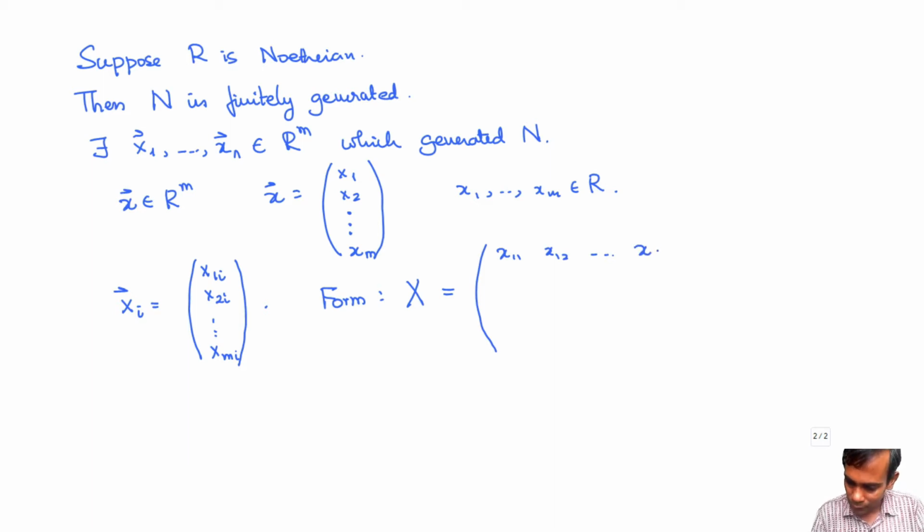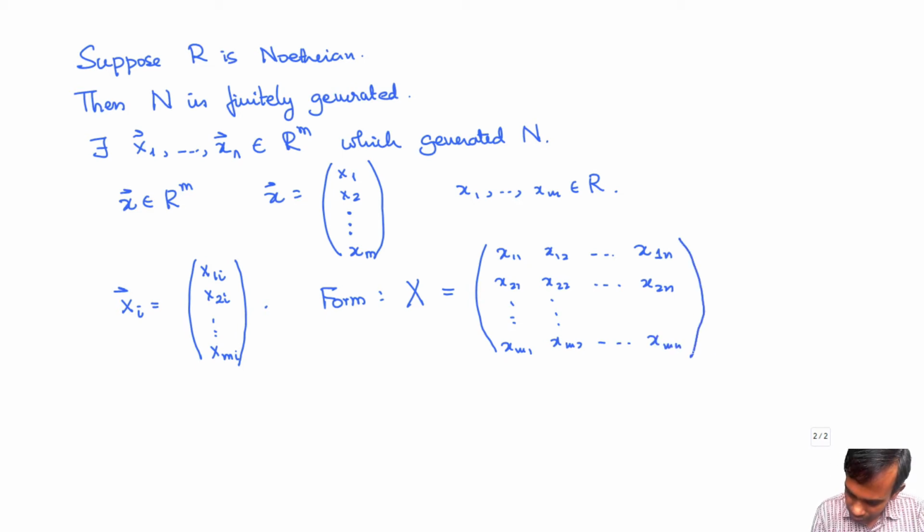There are n of them, so I'll get x1n, x21, x22, x2n, xm1, xm2, xmn.